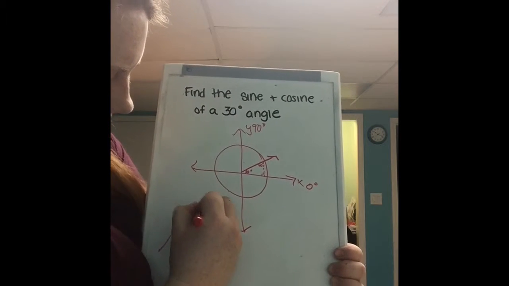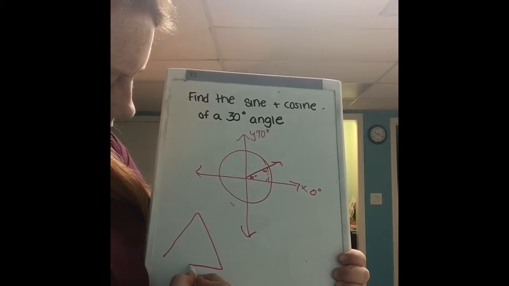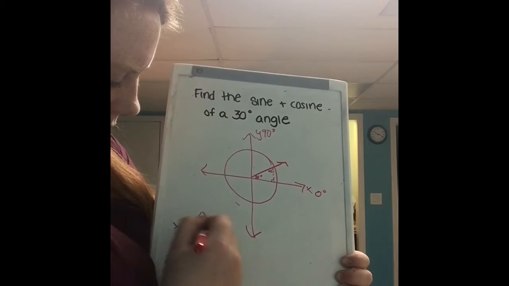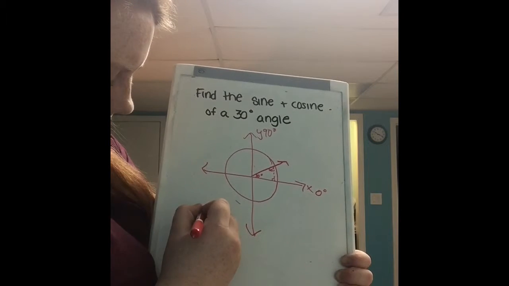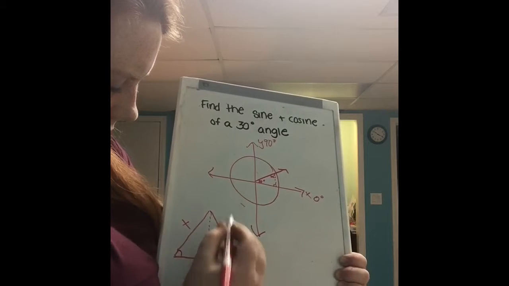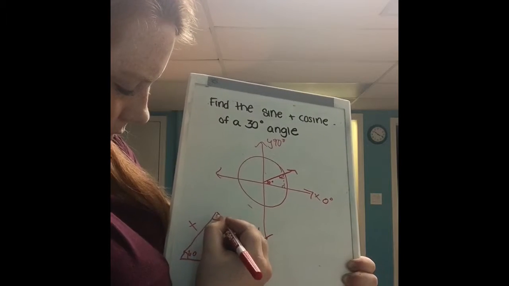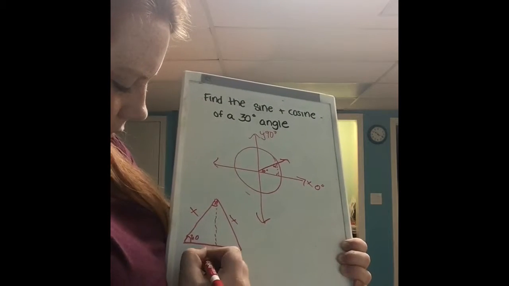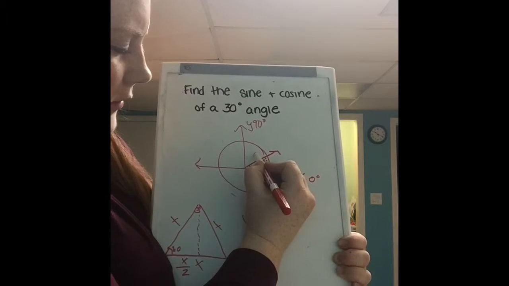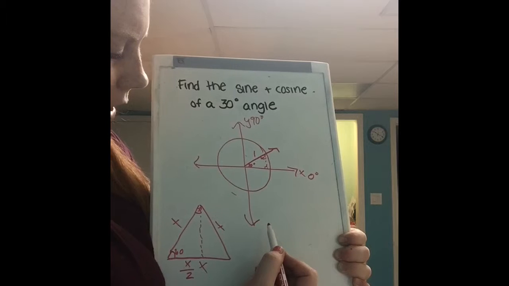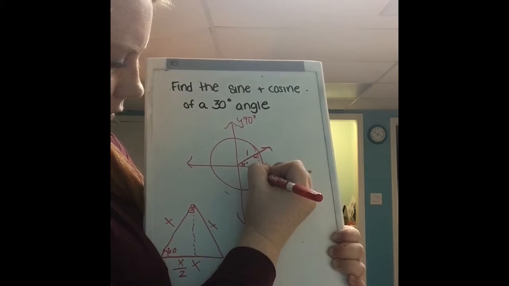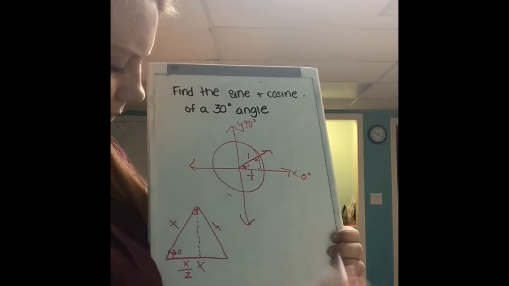remember it's like an equilateral triangle, where these are all equal, when you cut this down. So, this is 60. This is 30 now. So this would be x over 2. So if you know the hypotenuse is 1, then you know that this is 1 over 2.